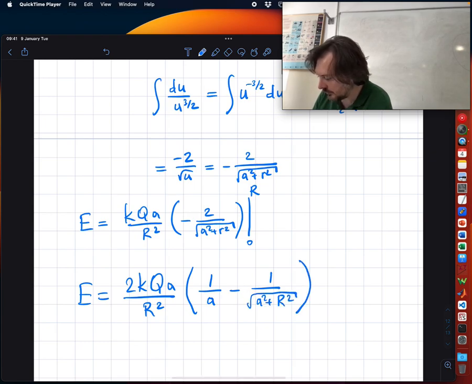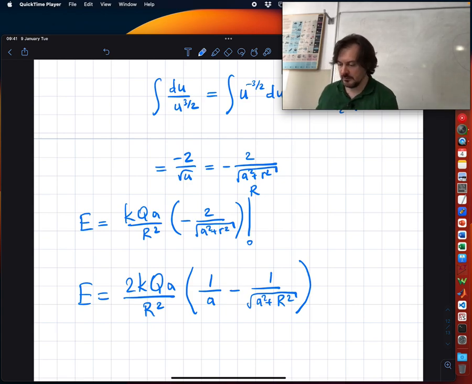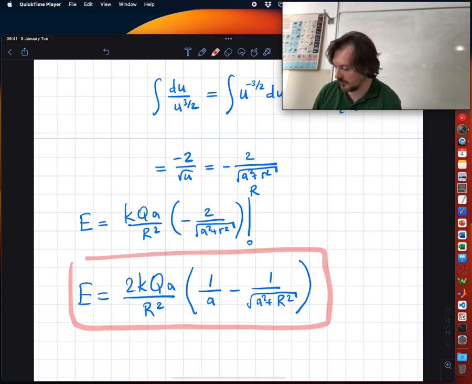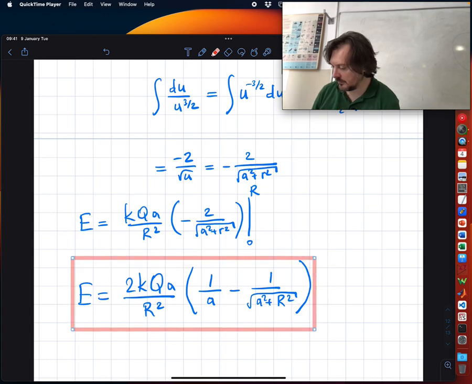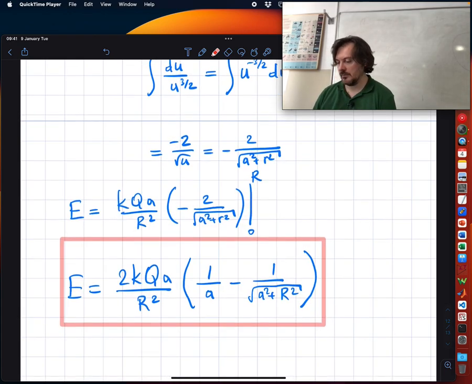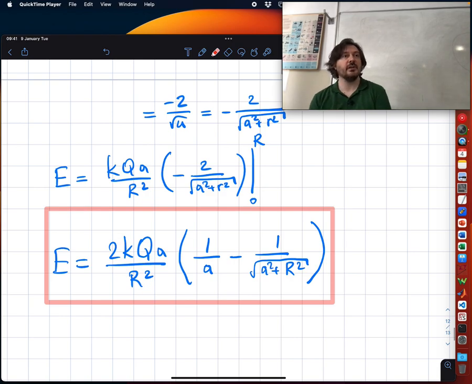I sent the 2 out. Everybody agrees with this? Do you have any objections? Any comments, ideas? No? Does the units check? You think yes? Very good.